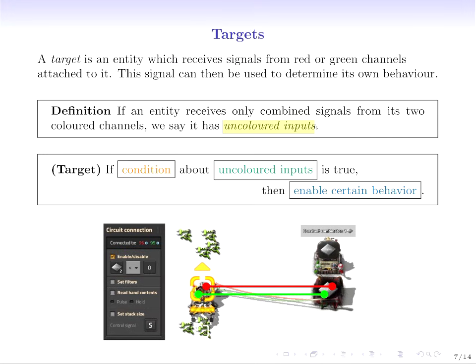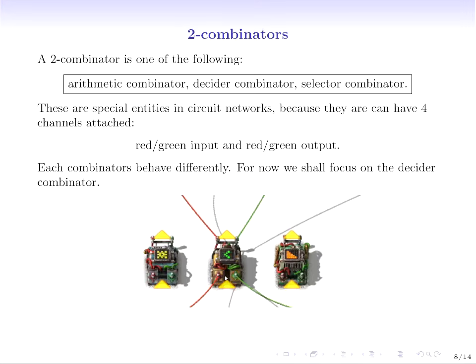And we say it has uncolored inputs. So a target is something that checks a condition about uncolored inputs. And if the condition is true, then it will behave in some specific ways.